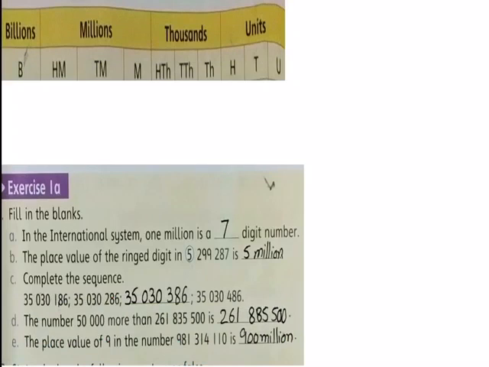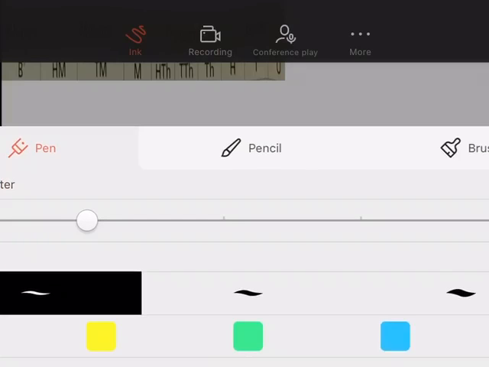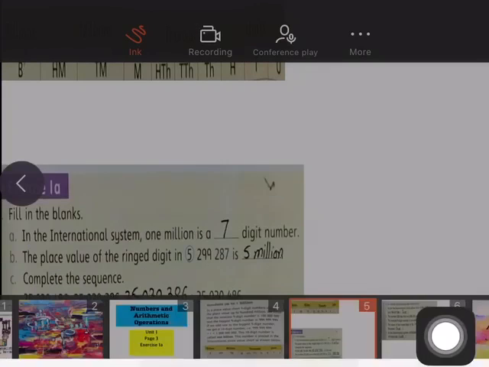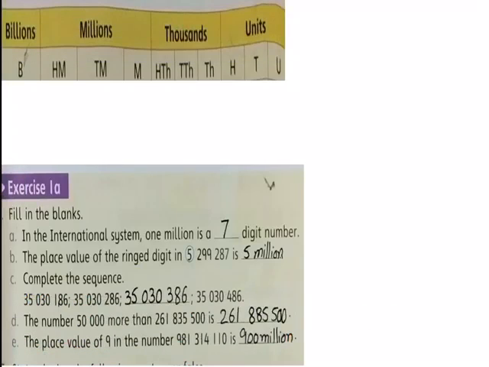Students, with the help of the place value chart, we put the value 5,299,287. Now 5 occupies the place in the million block. So the red digit is 5 million and the answer will be 5 million.